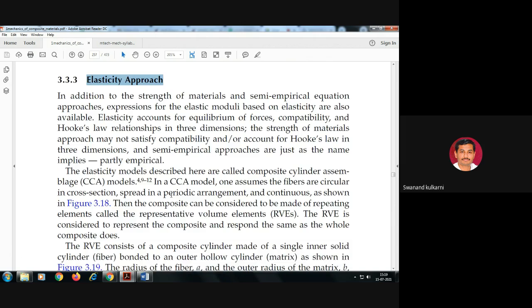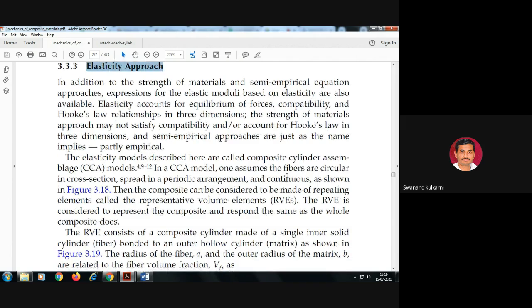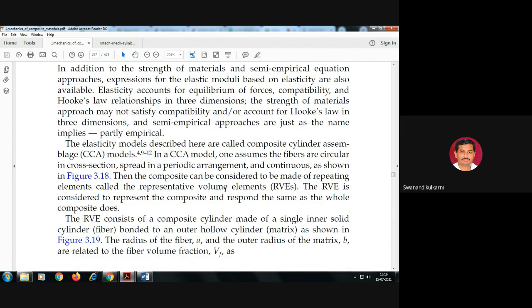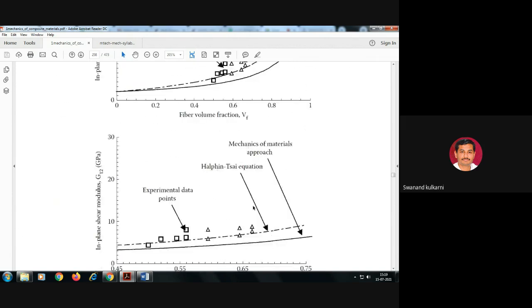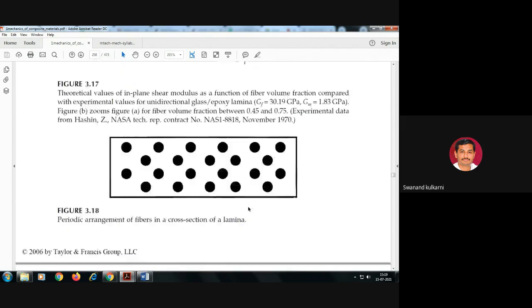So in the CCA model, one assumes the fibers are circular in cross section and spread in a periodic arrangement and distribution. For that, figure 3.18, which is given here, shows the uniform arrangement of the fibers inside the matrix. Is it okay?